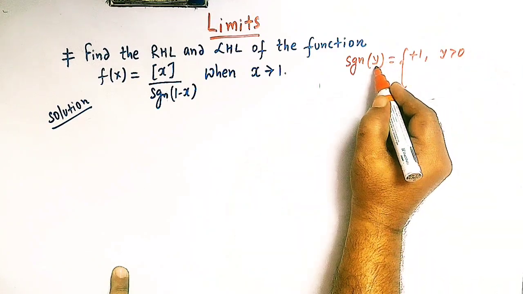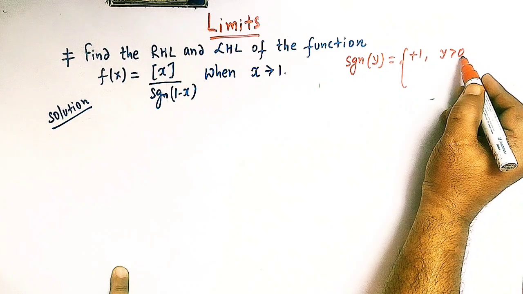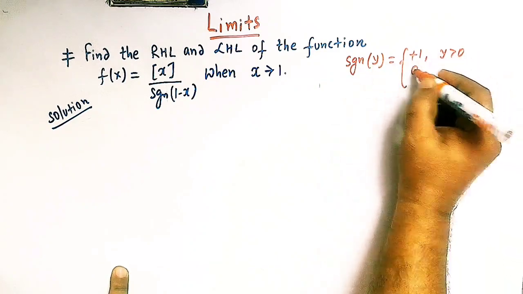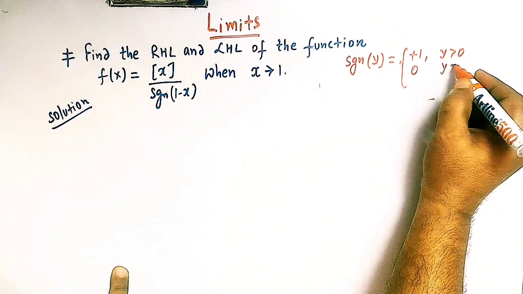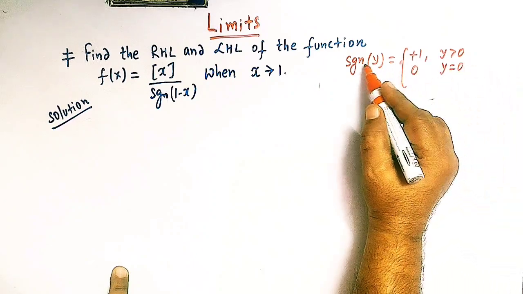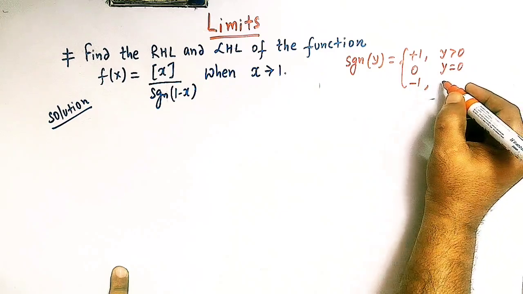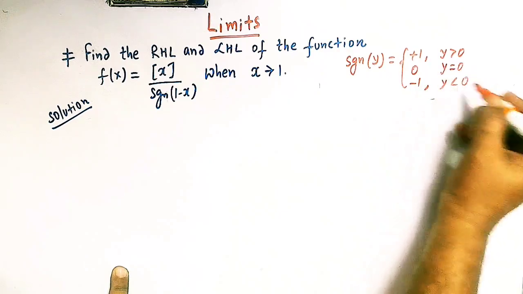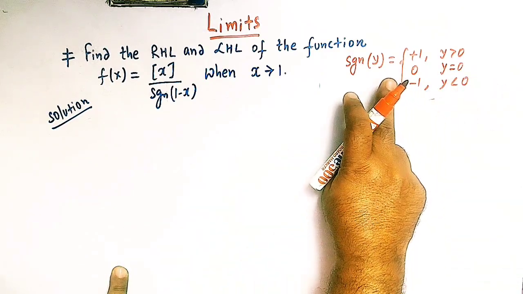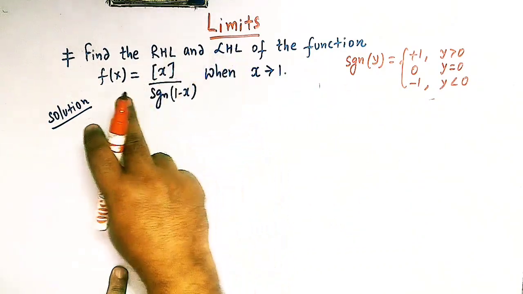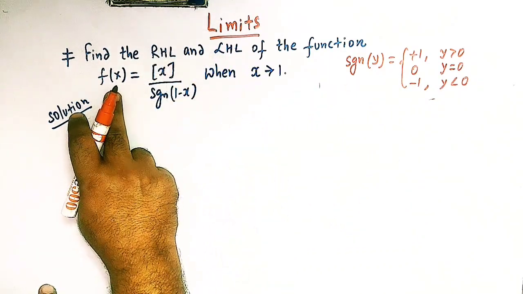So whenever the input y is a positive quantity, then signum of y is positive 1, and when y is equal to 0, then signum of y is 0, and signum of y is minus 1 whenever y is less than 0. So we'll utilize this definition while finding out the RHL and LHL of this function, right?